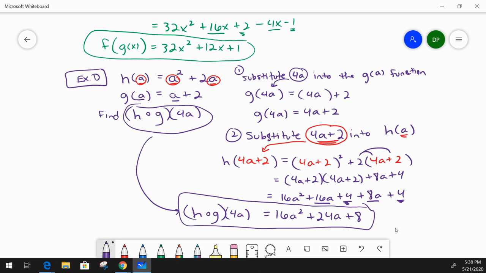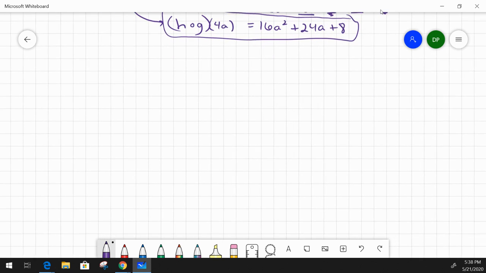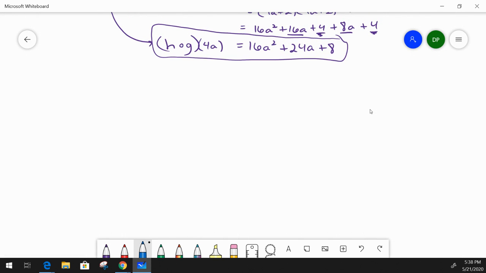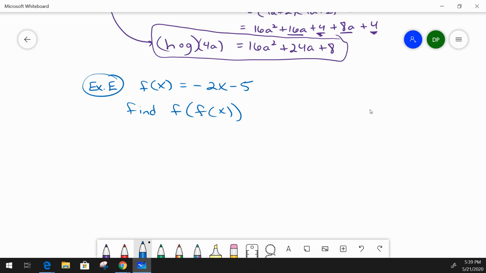Now there's one more type of problem I want to do, and that is if you are substituting something into itself. So this looks a little weird, but this is my example E. It looks a little strange, like I said, but you will see something like this sometimes, and you're asked to find f of f of x.